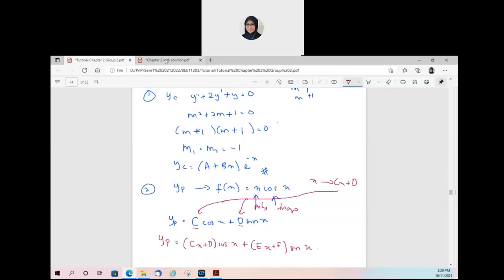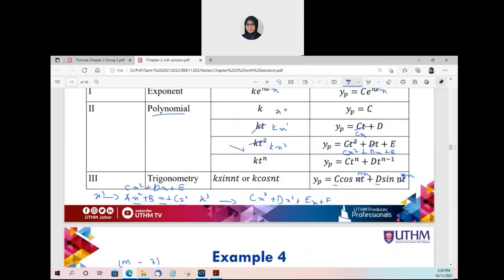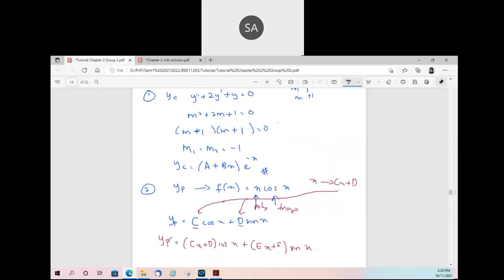So if you look at this table, if you have polynomial with degree 1, degree 1 mean X, your YP should be CX plus D. Okay, so here, at this constant C and constant D, we should replace with this polynomial here. Okay, because of this X.